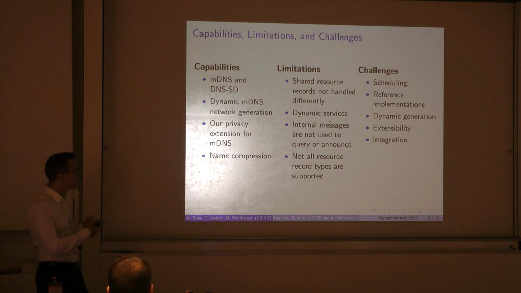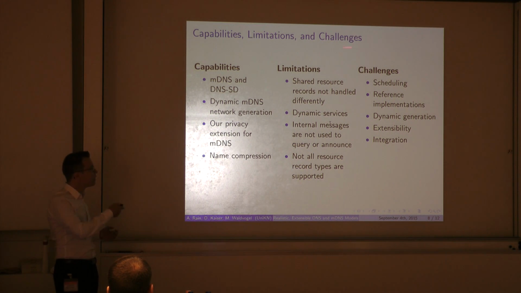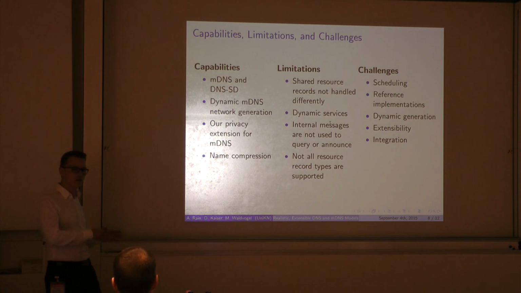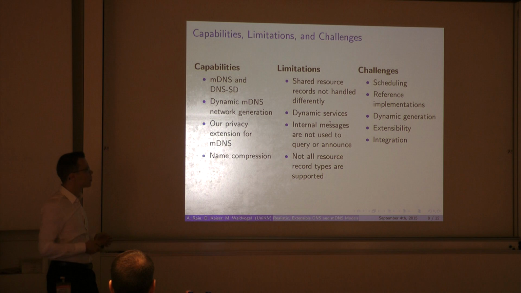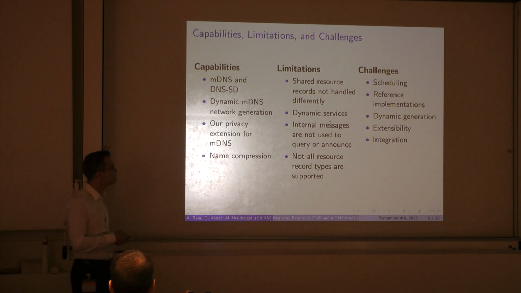What is currently not implemented is, for instance, that in Avahi, shared resource records and unique resource records are distinguished. They have distinct data structures. This is not done in our implementation, and the implementer has to make sure that he or she doesn't misuse the different resource records.